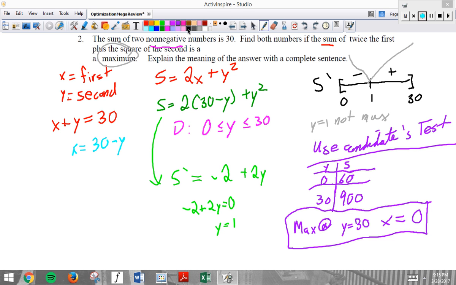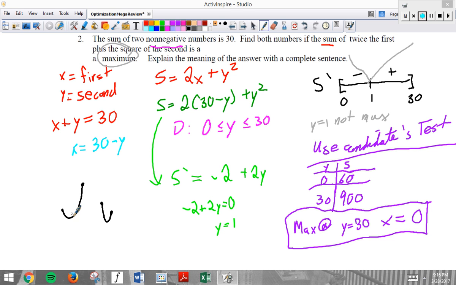Now, for those of you thinking that couldn't we have seen 30 is bigger, maybe the sum graph looks like this. Maybe the sum graph looks like this. But we can't tell which endpoint's higher. We know it has to have that shape, but we don't know which endpoint had to be higher.